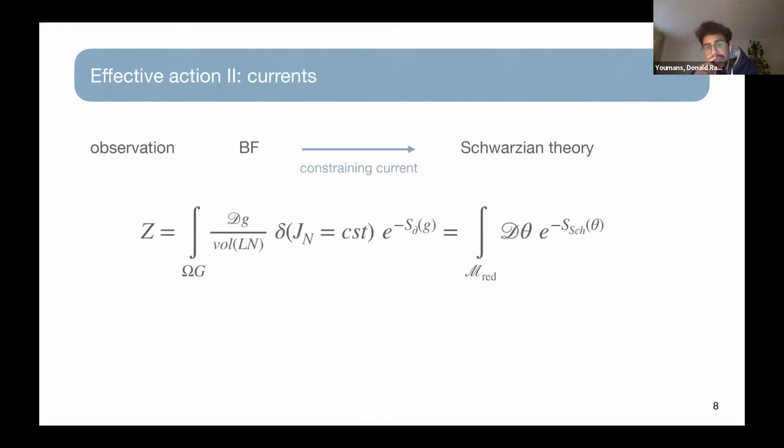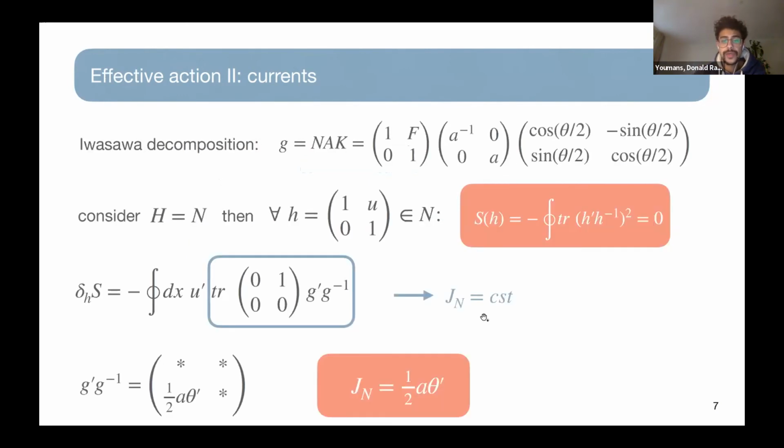So to sum up a little bit, the observation is as follows. We started with a BF theory, and then we say, okay, we want to constrain the current to get to the Schwarzian theory. And this is just basically by saying, okay, putting this current to be constant. Then we've seen before that we obtained the Schwarzian theory by just restricting the action to the space of based loops, which satisfies that this combination is constant.